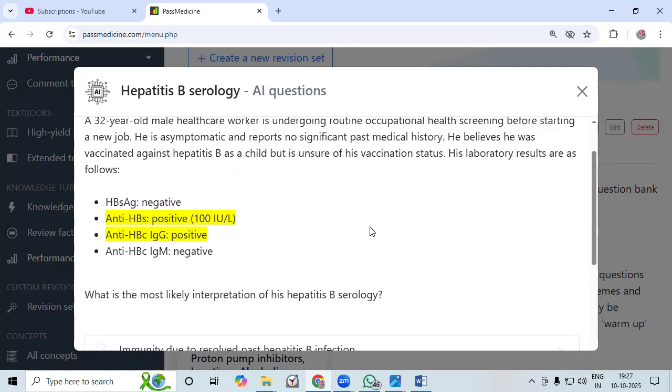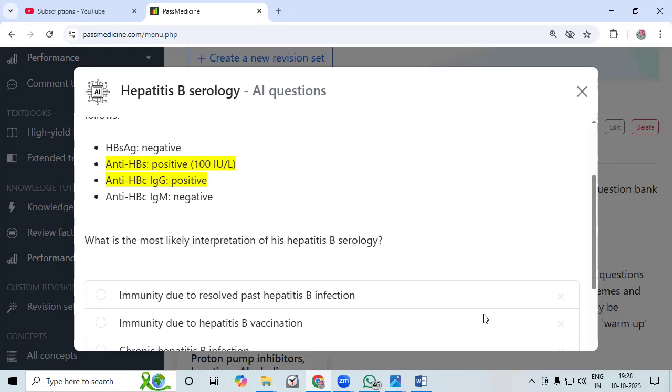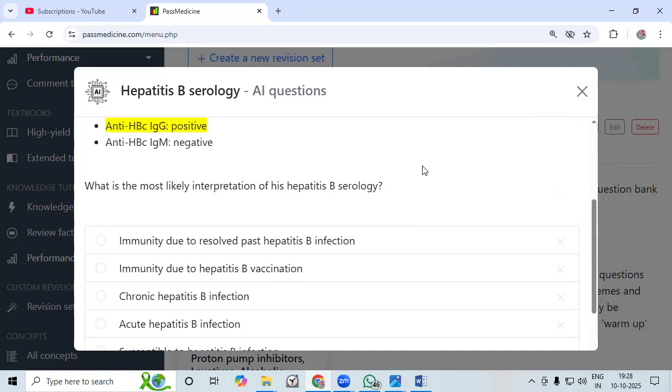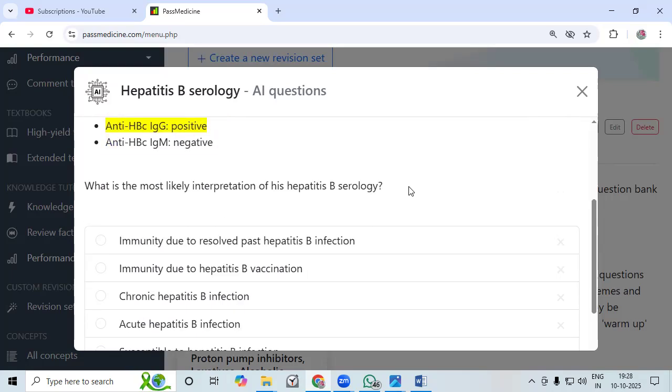The options are immunity due to resolved past hepatitis B infection, immunity due to hepatitis B vaccination, chronic hepatitis B infection, acute hepatitis B infection, susceptible to hepatitis B infection. We can easily rule out the last three options. I think the answer is immunity due to hepatitis B vaccination.